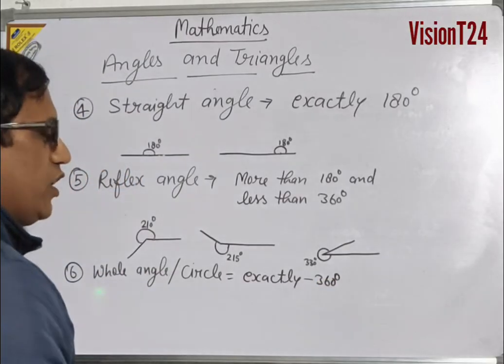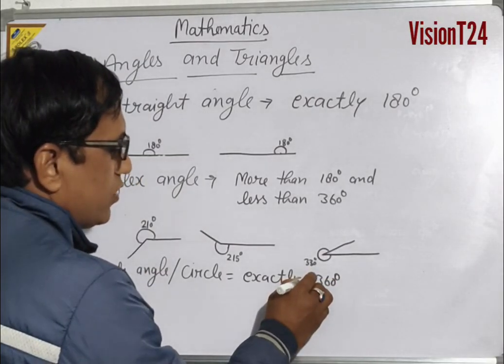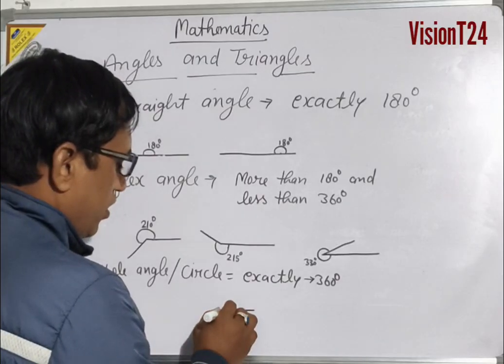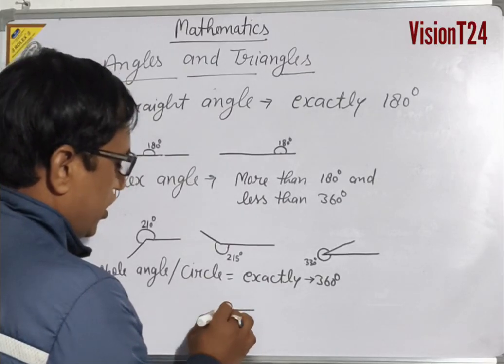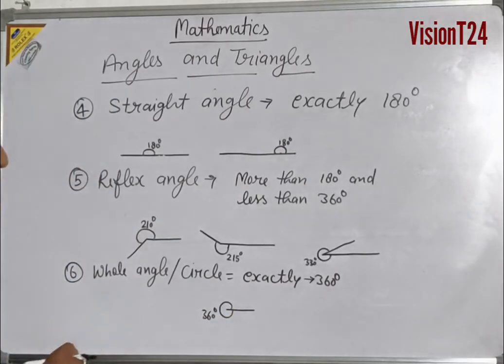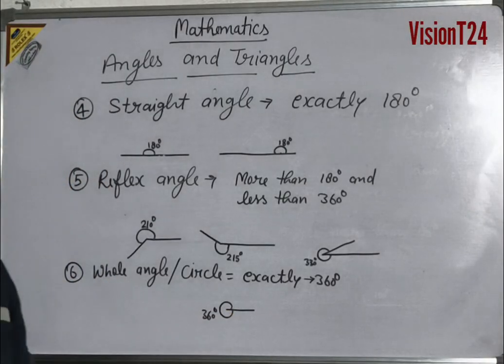And 360 degree is called circle. Suppose there is an angle that is 360 degree, so this is called whole angle, yeah, circle. This is also called complete angle. Okay, class? So these all are types of angle.